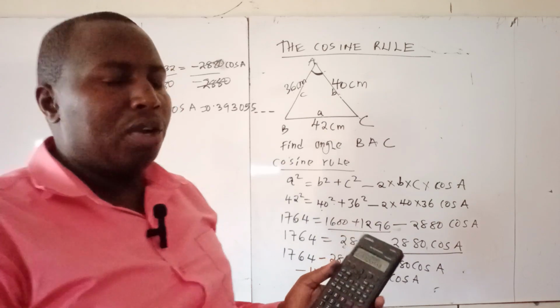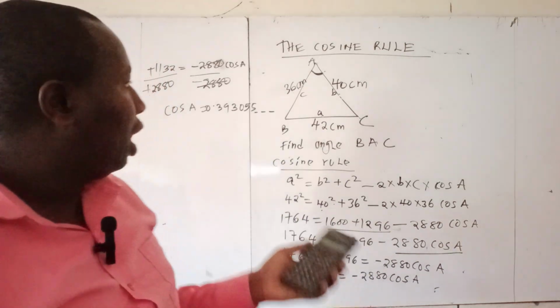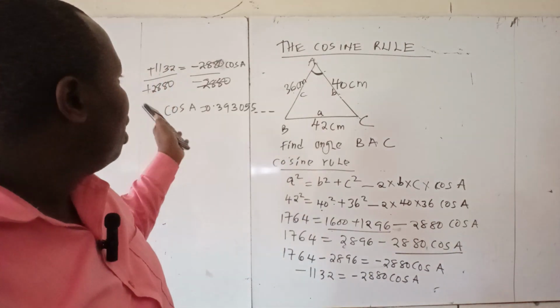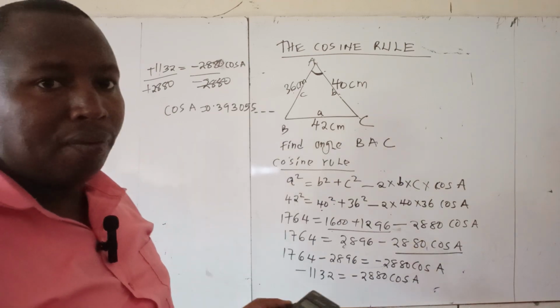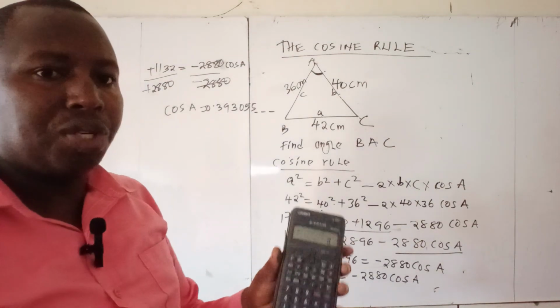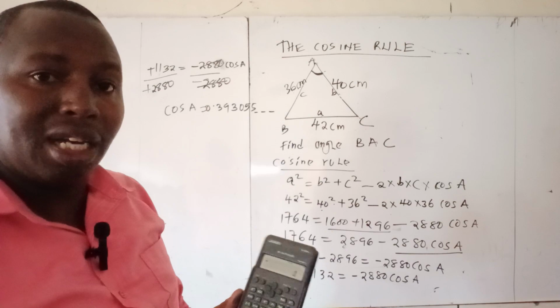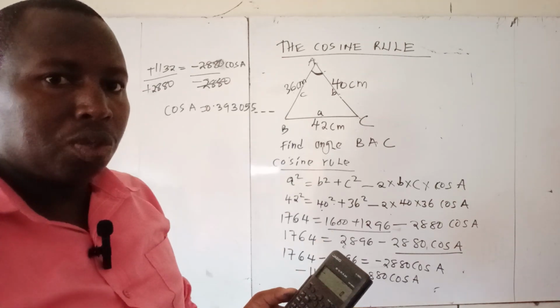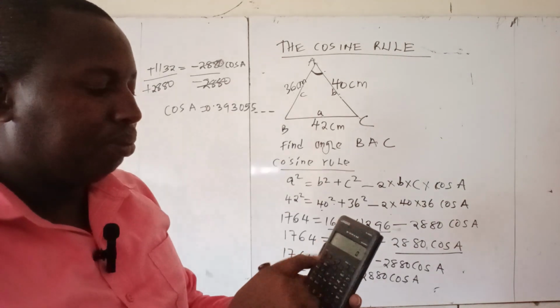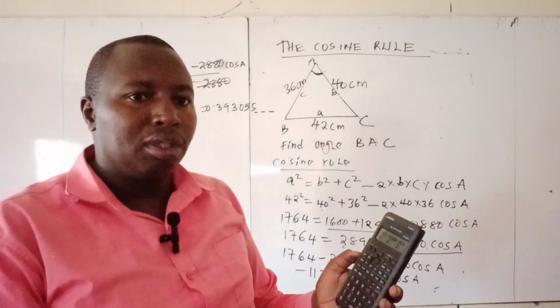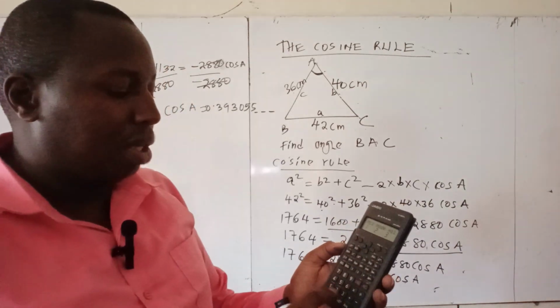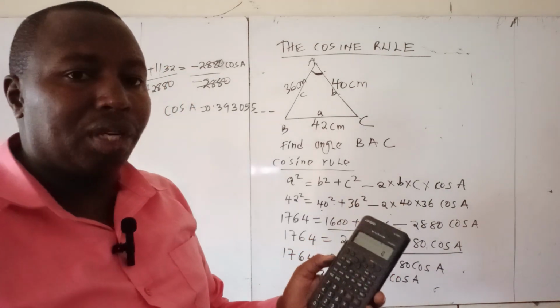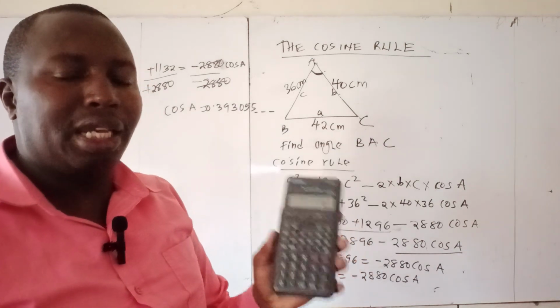So when you have this calculator and you want to find the value of the angle A, it is always important to check that the mode of the calculator is clear so that you don't make an error. Press shift, then mode, then press 3, and you have reset. Your calculator now is clear.